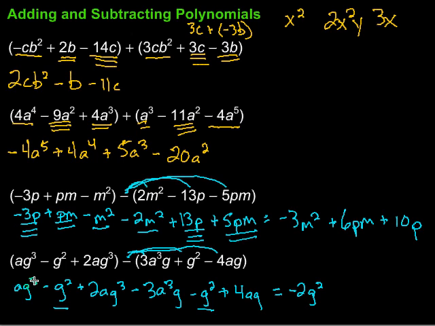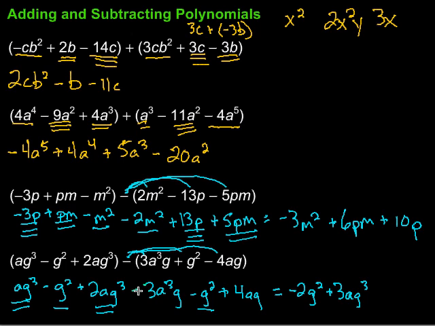Well, we've got ag to the third. Here's another ag to the third. So I'm going to combine those two. So we've got 1 there, 2 there, for a total of 3. So plus 3ag to the third. 2 and 1, so that's 3.